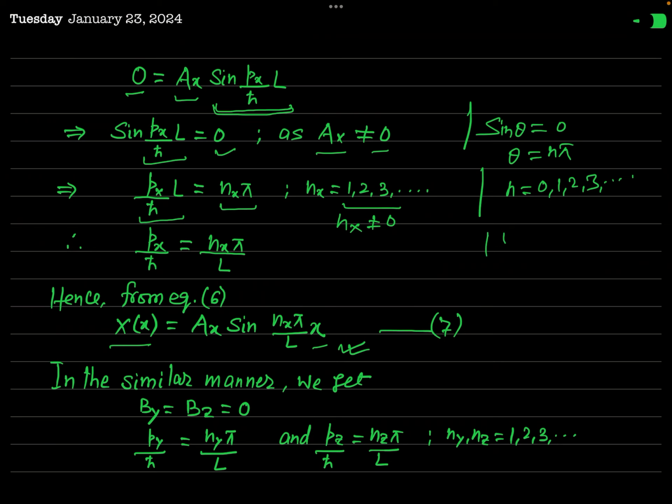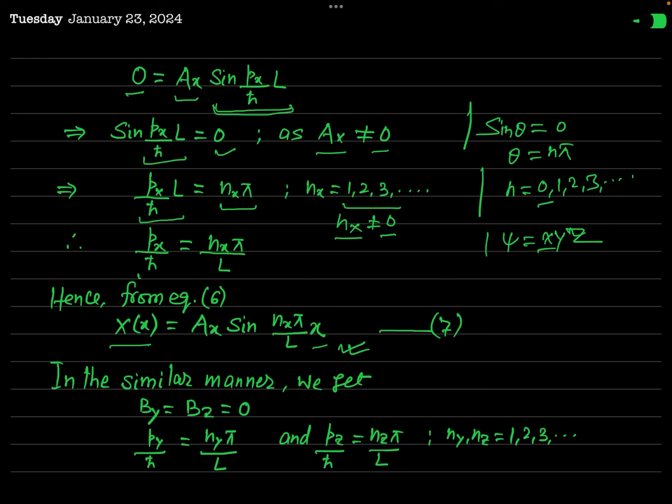When capital X is 0, psi will be 0, because psi is X, Y, Z. And if X is 0, then psi will be 0 for any value of small x. That means the electron is nowhere. But the electron is present inside the box. So this value, nx equal to 0, is restricted. You can't take it. Mathematically it is all right, but physically, in this present situation, we cannot take nx equal to 0.